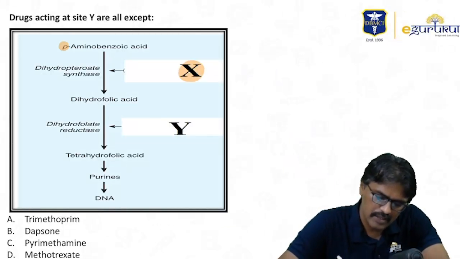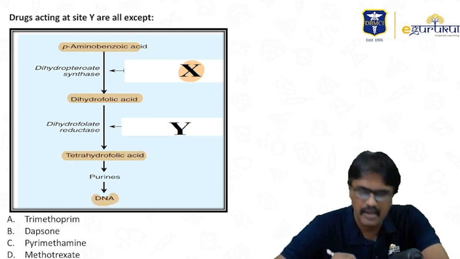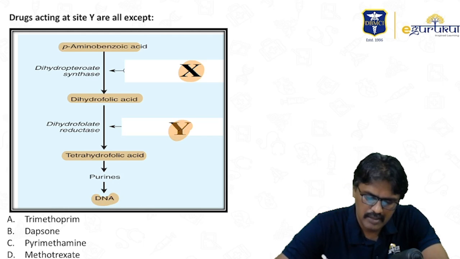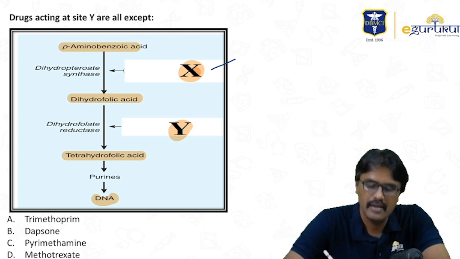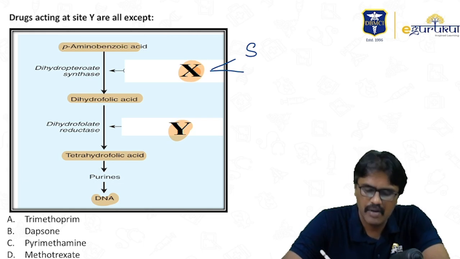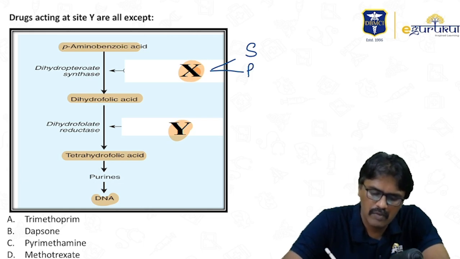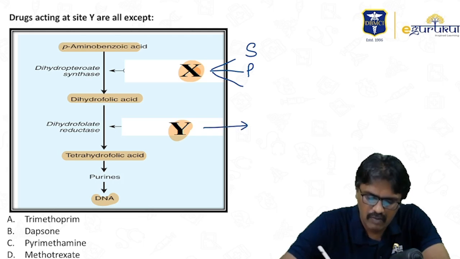Now remember drugs acting at site Y. You can see PABA is becoming dihydrofolic acid, tetrahydrofolic acid, and then DNA. So drug X and Y you have to identify. X is inhibited by drugs such as sulfonamides. Sulfonamides inhibit that, proguanil will inhibit that, PAS will inhibit that. Now they are asking about Y. You can remember it as PMT.